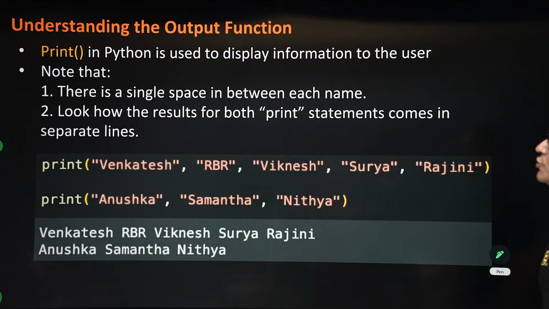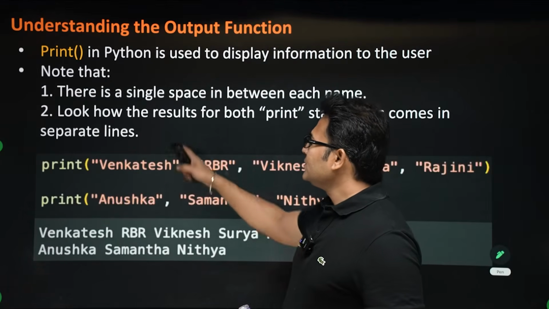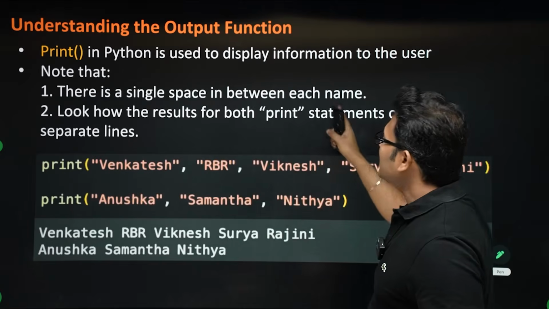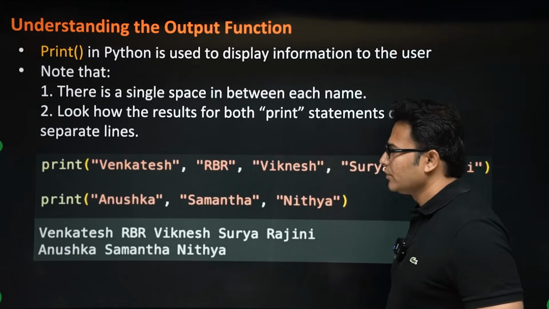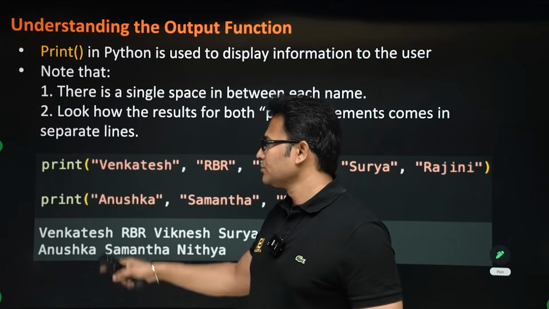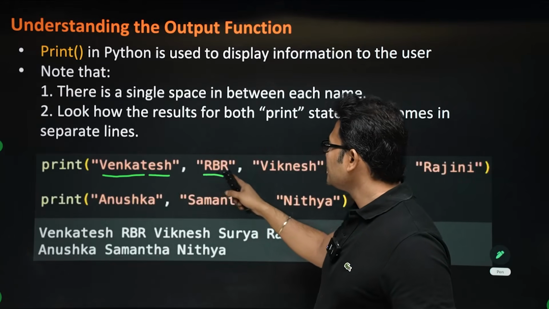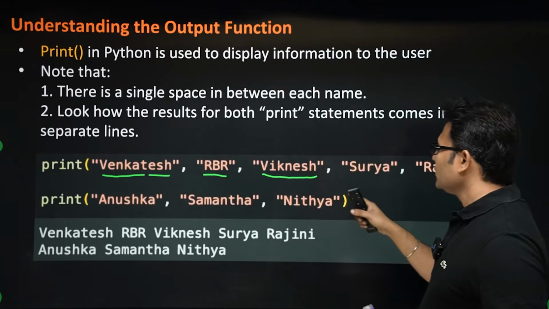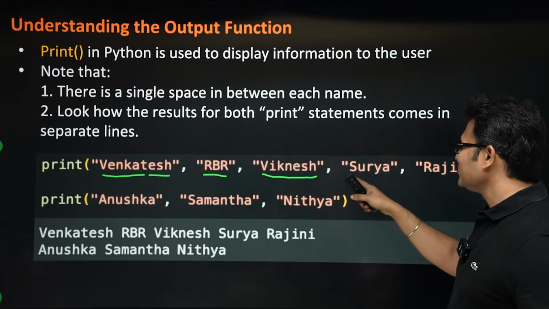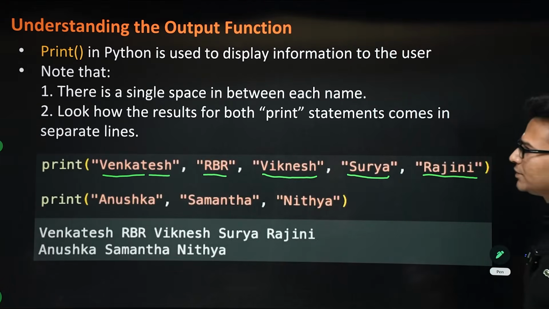Now, print in Python is used to display information. There is a single space in between each name. For example, if you are printing various strings, see this: print Venkatesh is a string, RBR is a string, Vignesh is a string, Surya is a string, Rajni is a string, right?